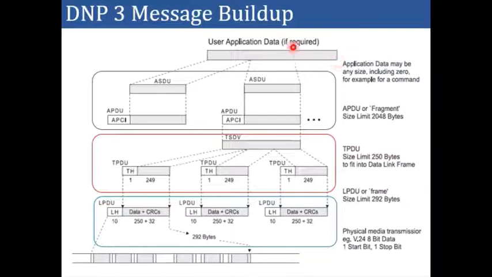Suppose there is a user application which is sending data which is large in size. So what will happen at the application layer, this large size data will be divided into multiple ASDUs, that is application service data units, where the data fragment will reside, and then you have the application layer protocol control information block, which is like a header of the ASDU.